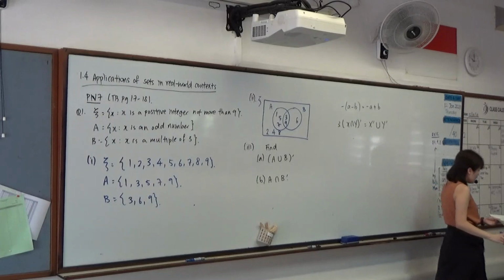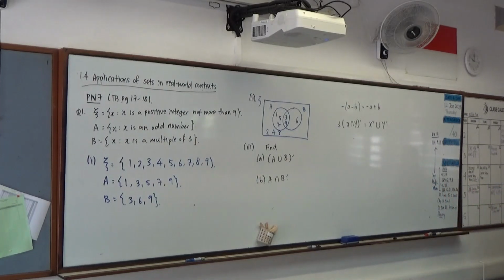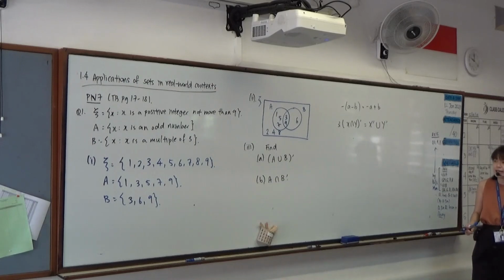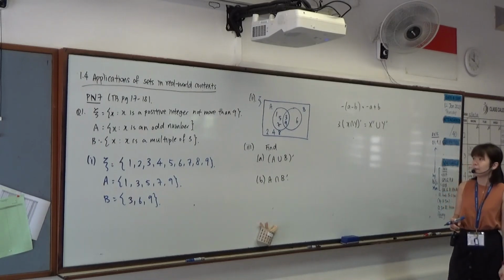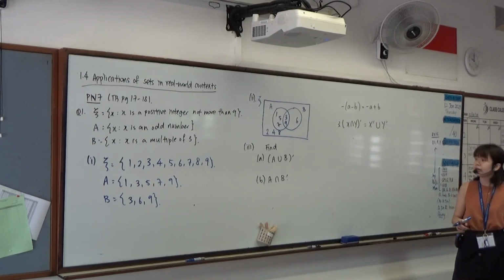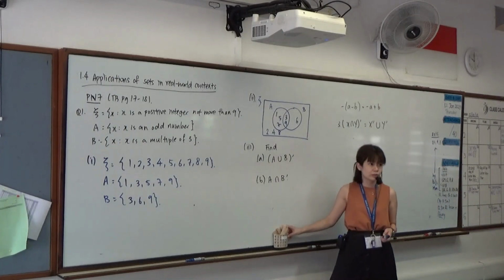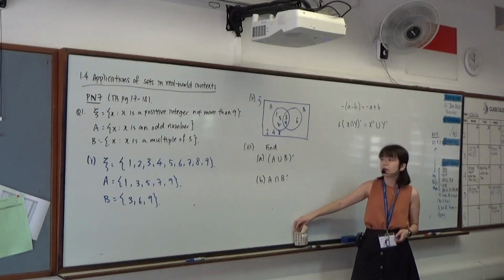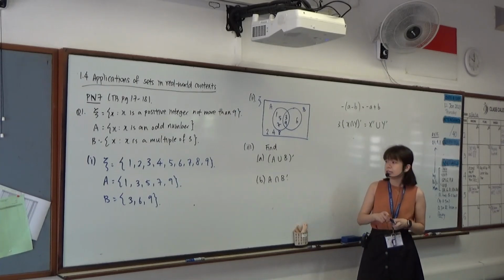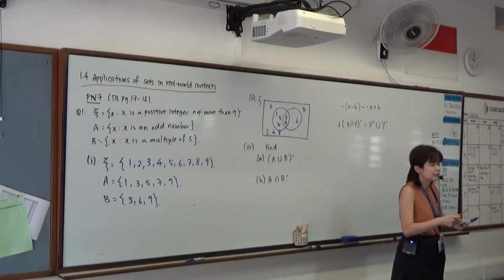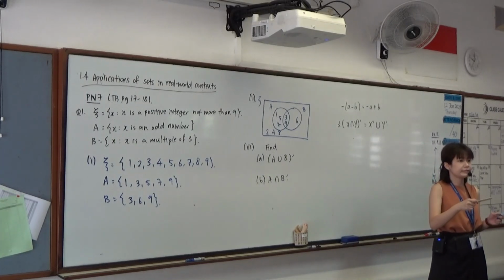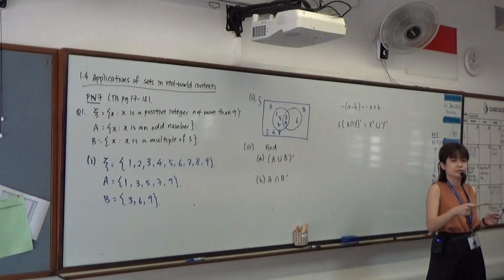In part 3A, we want to find out what the elements are in the set (A union B) complement. Looking at the Venn diagram, and now that we have understood the shading idea, what would the elements in (A union B) complement actually be? Ashley. Who is Ashley?